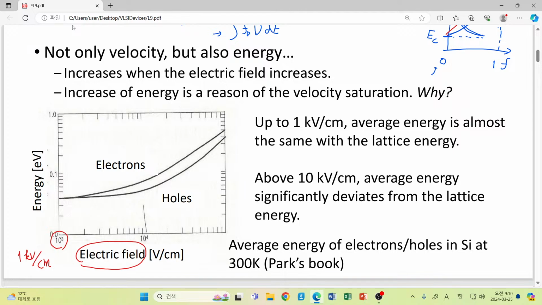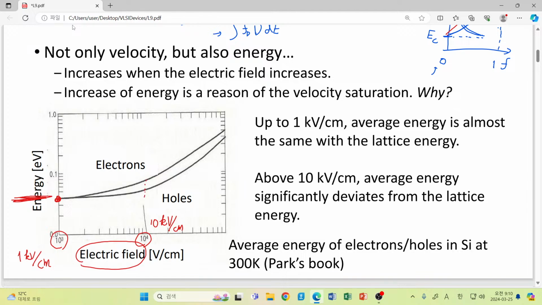field. In this case, the energy is not deviated from our low or equilibrium value. However, here we have 10 to the 4, corresponding to 10 kilovolt per centimeter, already quite a considerable electric field. Then what happens?